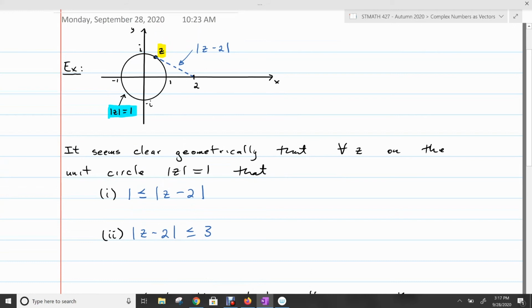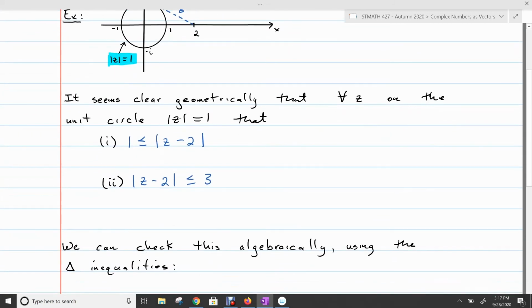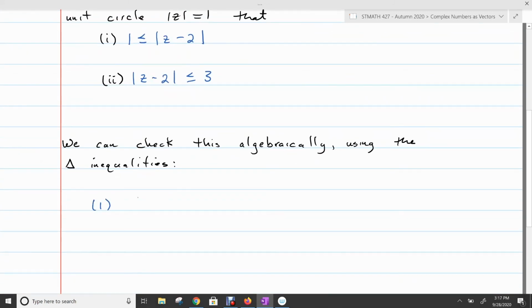But what I want to do is just use that reverse triangle inequality to establish it without having to think about it geometrically. For the first part, I think we can use the reverse triangle inequality there, and we can say, well, modulus of z minus 2, we know has to always be greater than or equal to the absolute value of the modulus of the first thing minus the modulus of the second thing.